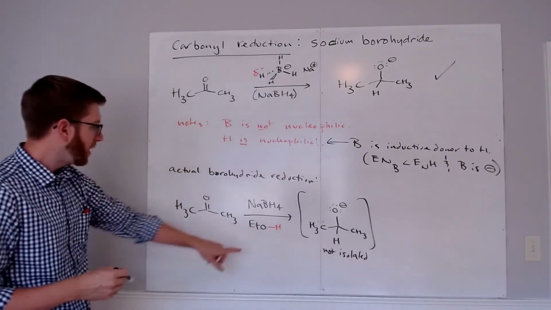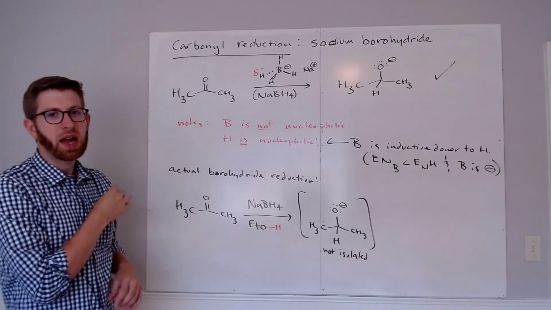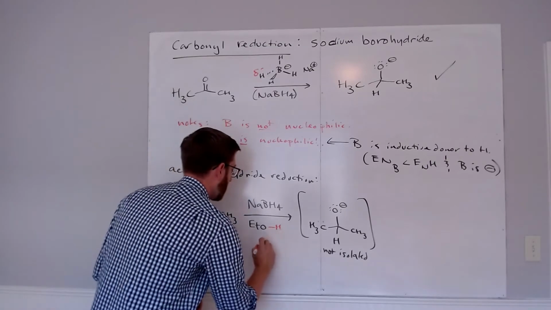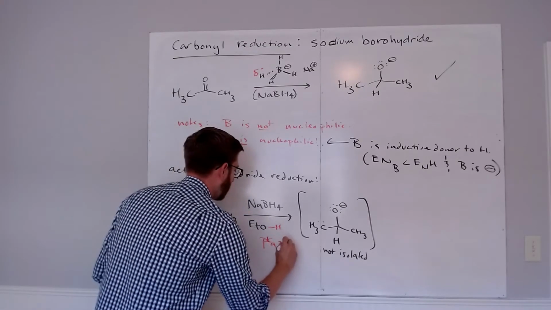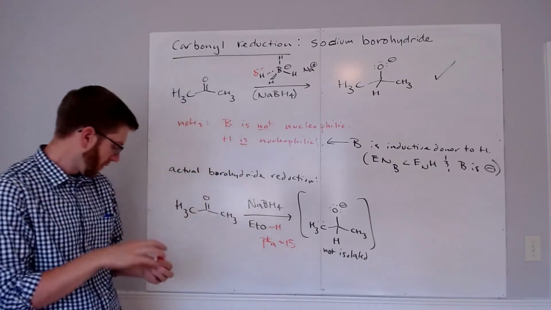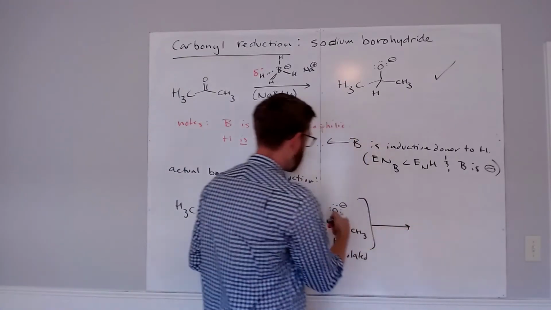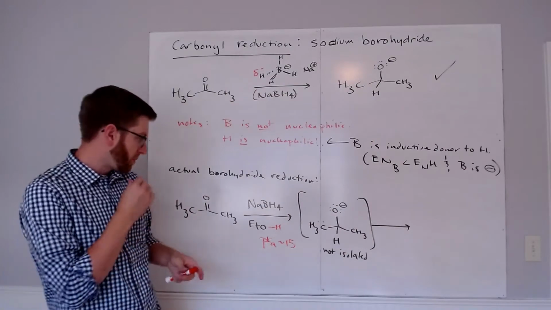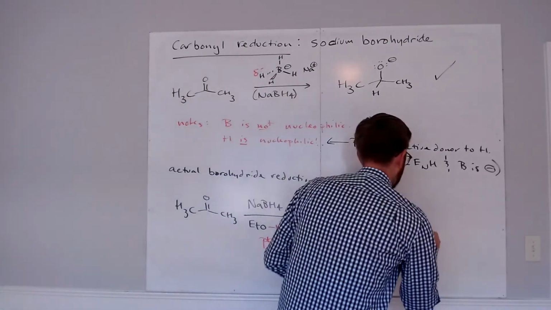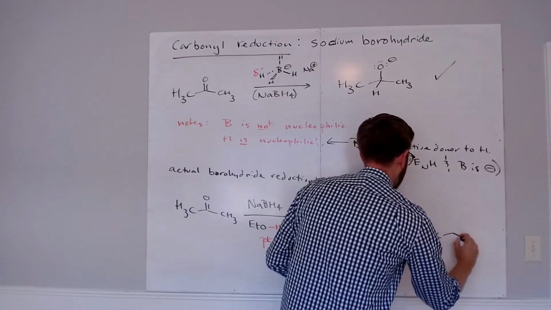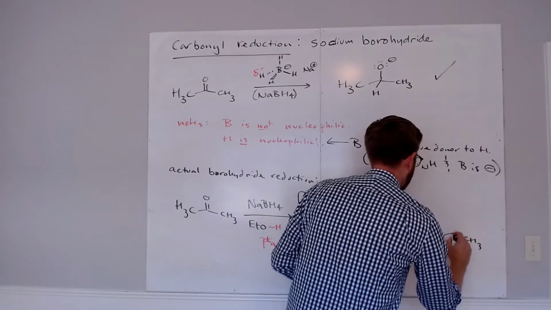And that ethanol can now serve as an acid. So its pKa is about 15. Not negative 15, about 15. And that means that we protonate the O- that forms. And that gives us our overall reduction product.